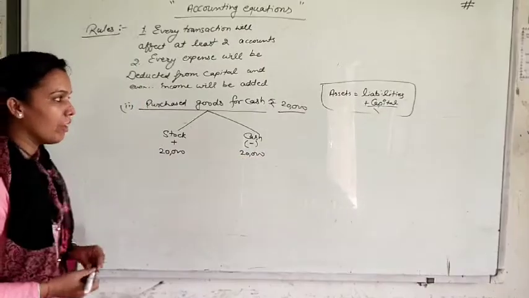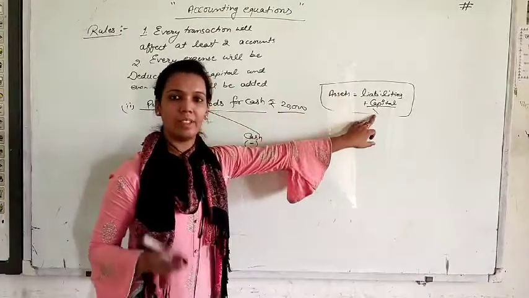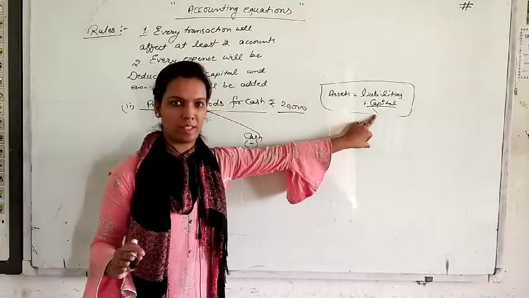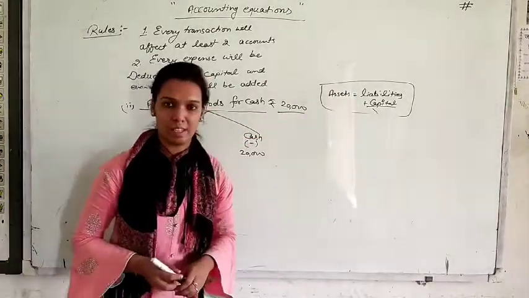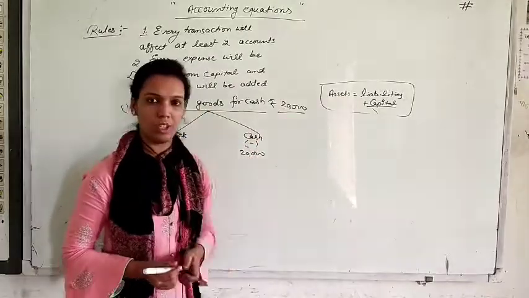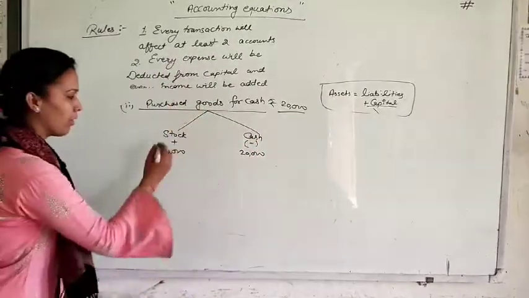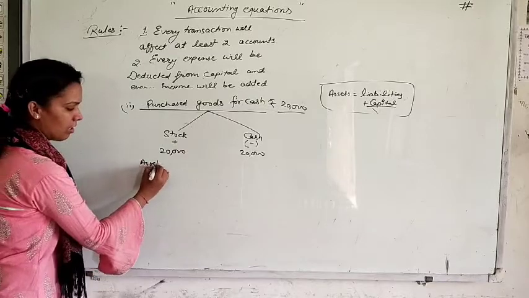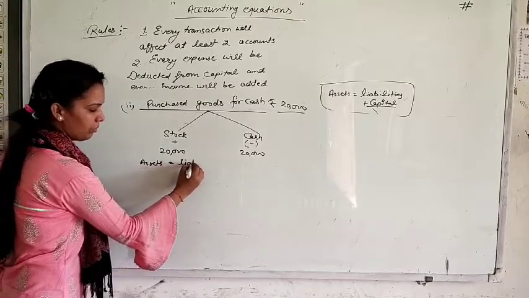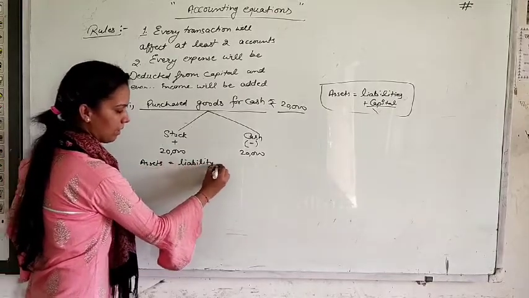What will be the effect on liabilities and capital? There will not be any effect on liabilities and capital, only on assets. Let's see on the equation whether it is matching or not. Your equation is assets equals liability plus capital.